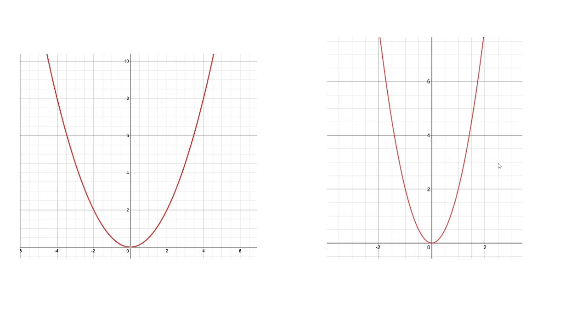Now, what's the difference between these two parabolas? The difference is this one is more narrow than this one. This one is y equals 1/2 x squared, and this one is y equals 2x squared. The difference in the a's is that this one is lesser than this one. In consequence, this one stretches and this one narrows.